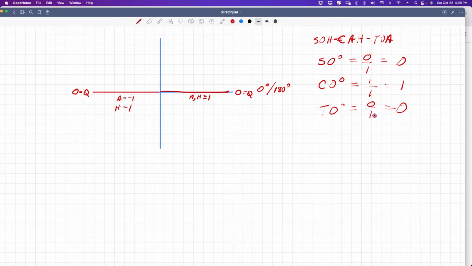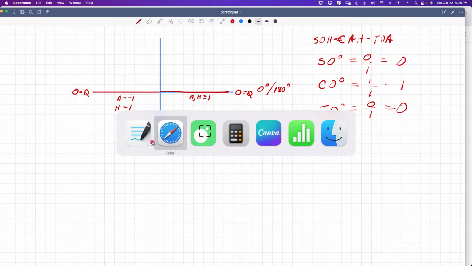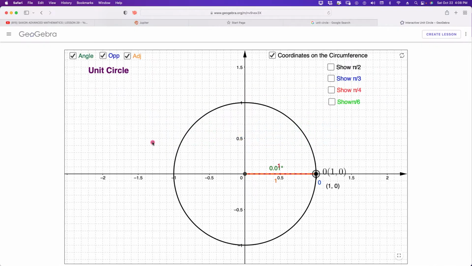So you see what we're doing here. We're figuring out, based on where the angle is, which axis it's on, what those values are in relationship to sine, cosine, and tangent. Now, when they're on the y-axis, we have a different scenario because the origin is still down here.